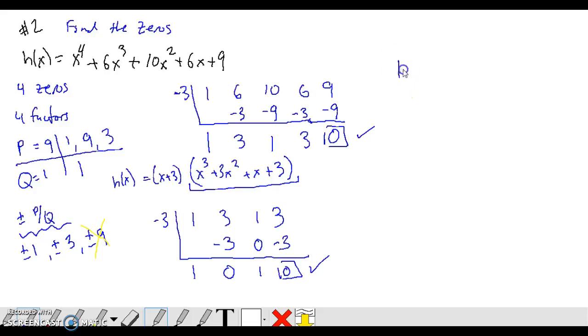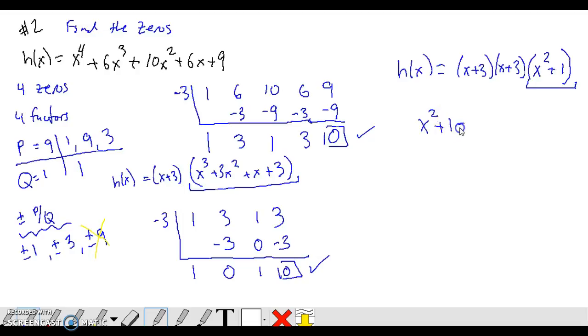So what do I know now? I know that this used to be x plus 3 times x plus 3, or aka x plus 3 squared. Now I have x squared plus nothing. So this will be x squared plus 1. So last one, I need to find the zeros, so I'm just going to set x squared plus 1 equal to 0 and solve. So I'll take the square root.